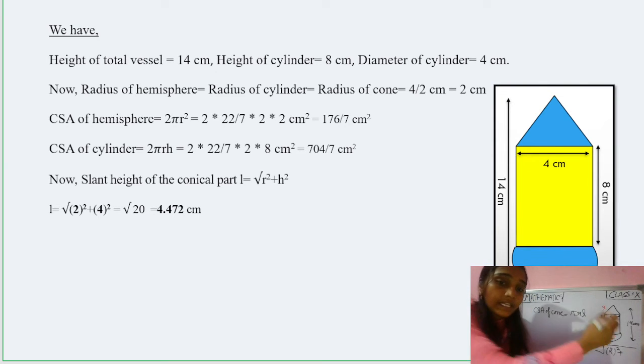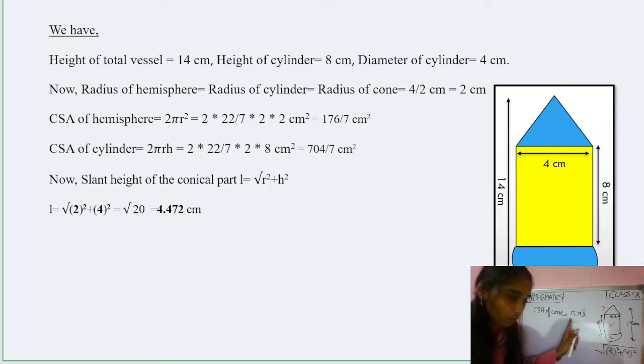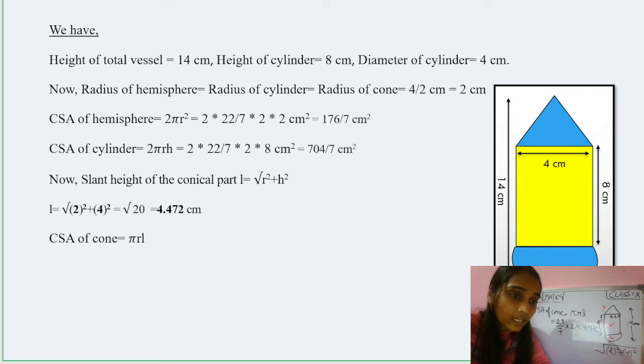So we will get the 4 square. So in this way you can calculate the slant height also. Now you can put up the values of R and L in this formula. Yes. So what is the value of pi? 22 by 7, R 2 and L is 4.472. Very good students.